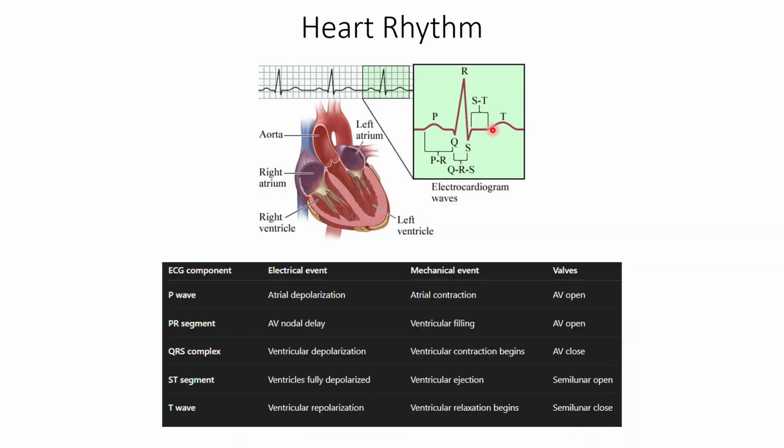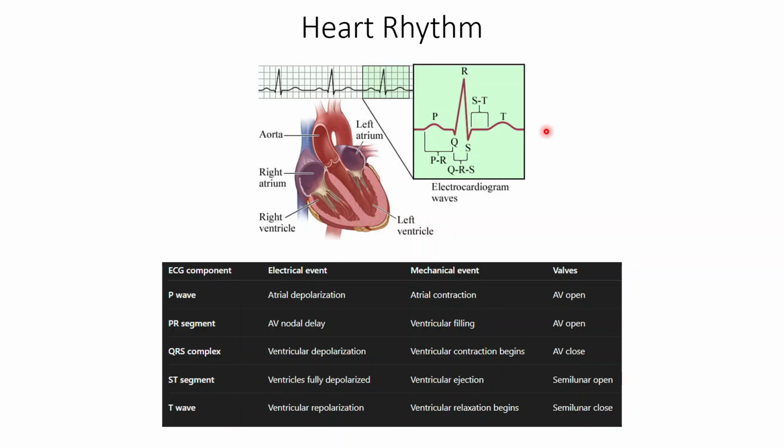Then you have the ST segment, where your ventricles are fully depolarized and the ventricles eject the blood into the aorta and into the pulmonary vein. The AV valves are closed at this time, and the semilunar valves, which are the ones guarding these two blood vessels, are open.